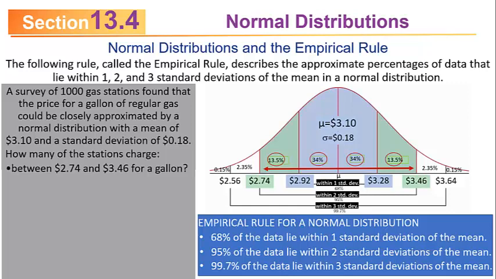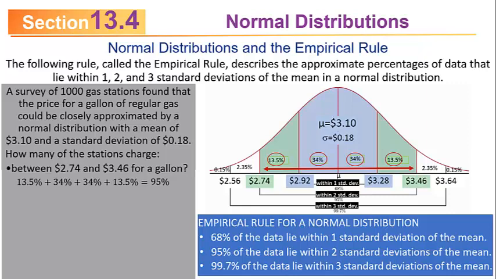In other words, add up all those percentages between 274 and 346, and this is the nice part of the empirical rule. Even though it's just an approximation, it's a pretty good approximation, and it's easy to do once you know these basic percentages. If you add up those percentages, you'll find that about 95% of the stations would charge between those two numbers.